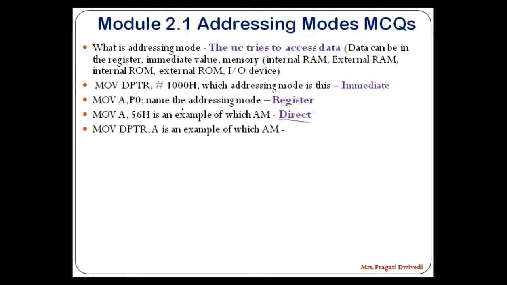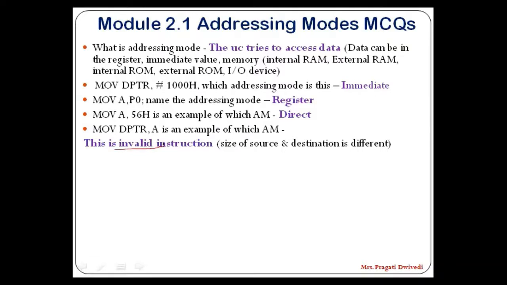Next, MOV DPTR comma A. So A is your source and you have to move that content to the destination register, that is DPTR. So definitely, if source and destination both are registers, it is an example of register addressing mode. But this is an invalid instruction.